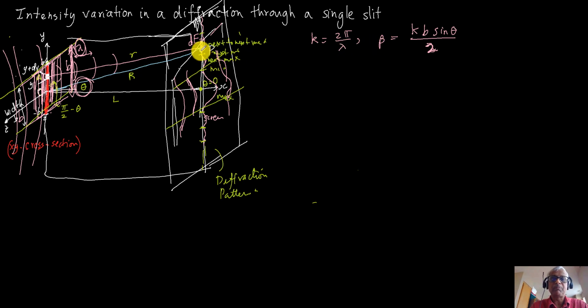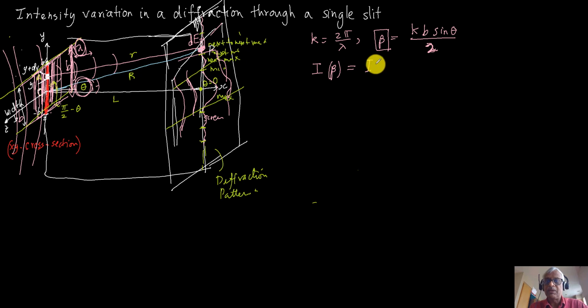So over here at point P, I can compute from theta to point P what the corresponding beta will be. So we find the intensity on the screen is a function of theta through beta.